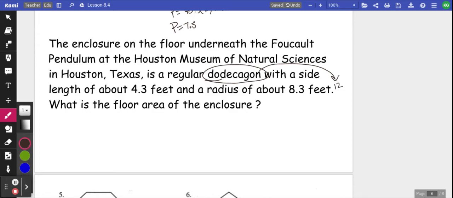What is the floor area of the enclosure? So we need to do half of the apothem, which is 8.3, times the perimeter, which is 12 sides at 4.3 each, giving a perimeter of 51.6. That gives me a total of 214.14 feet squared.